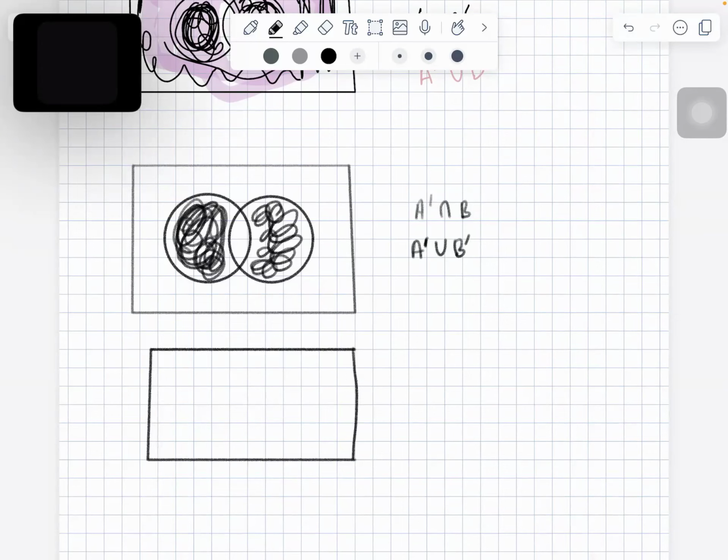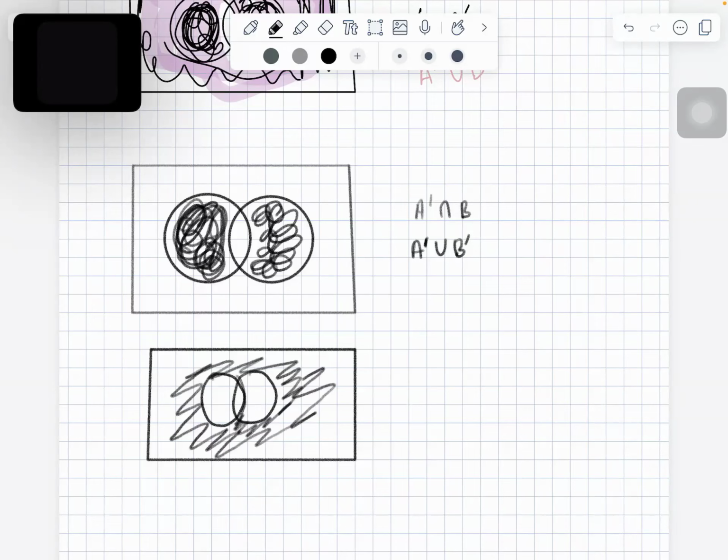So you were saying A complement, which means all of this part, union B complement, which means all of this part.